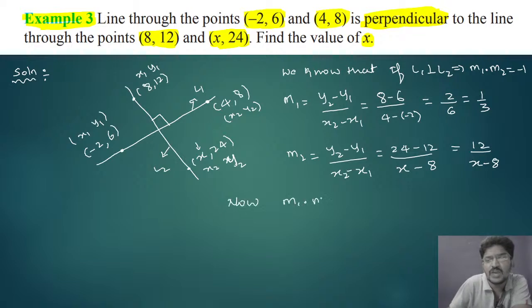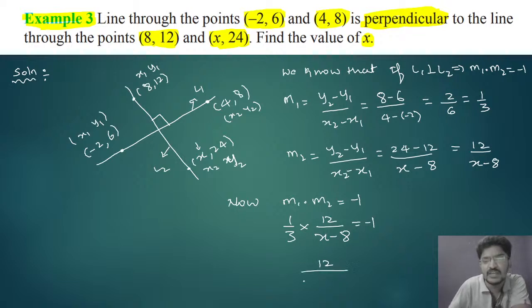Now M1 into M2 equals -1. That is 1 by 3 into 12 by x minus 8 equals -1. So that is 12 divided by 3x minus 24 equals -1.